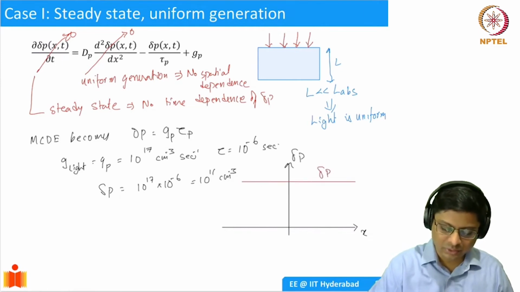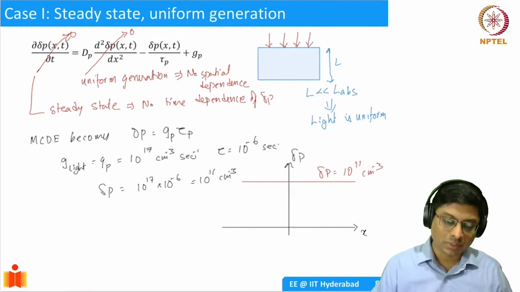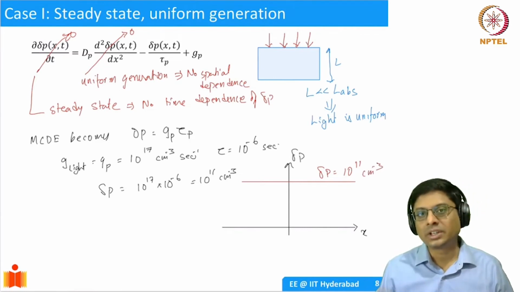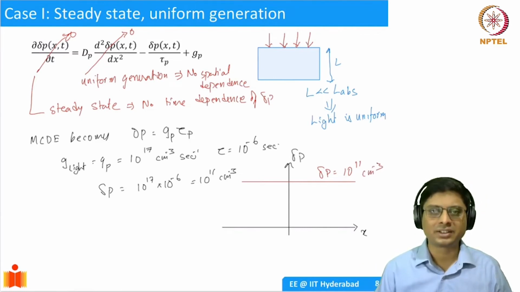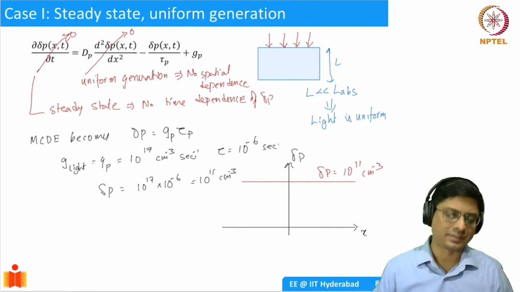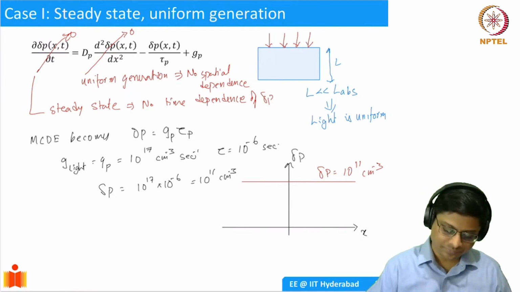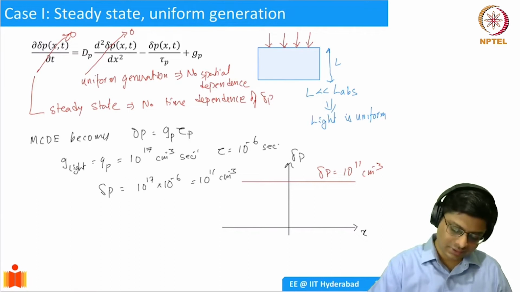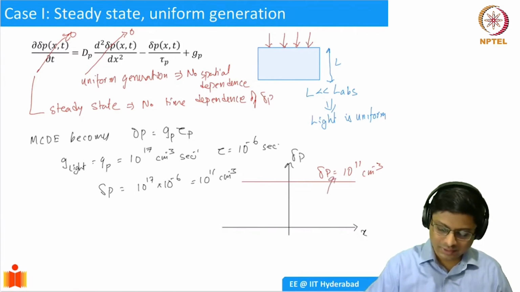Delta P is going to be, in this case, 10 power 11 per centimeter cube. I want you to appreciate this, that even though the rate of generation is 10 power 17 in my case, in the steady state, the net excess minority carrier density is going to be 10 power 11. So this is essentially the net excess minority carriers.